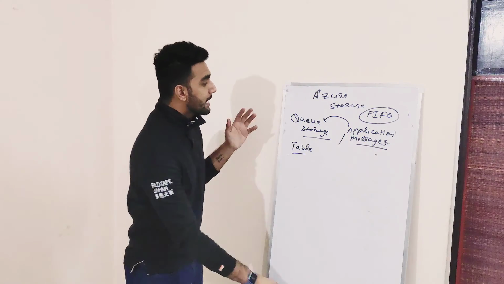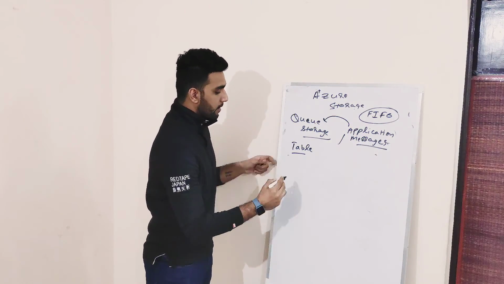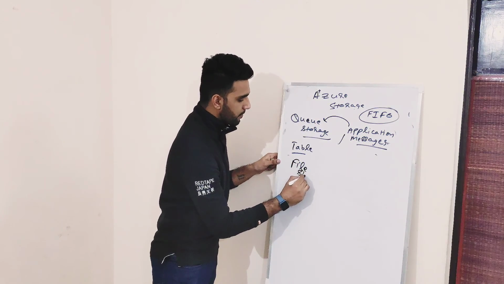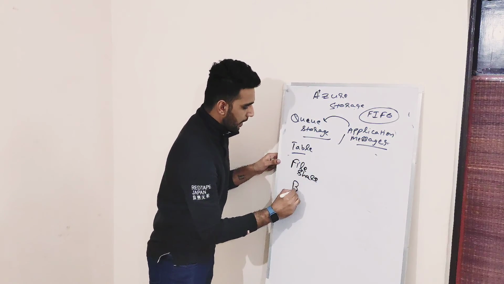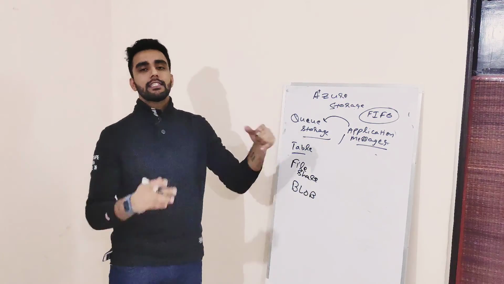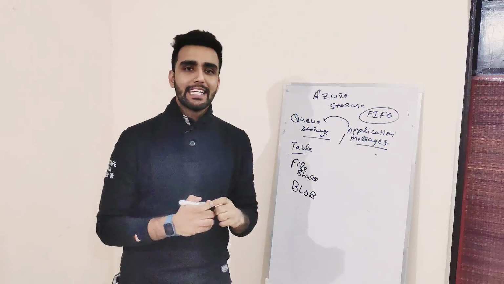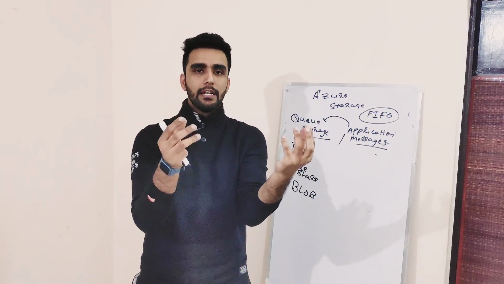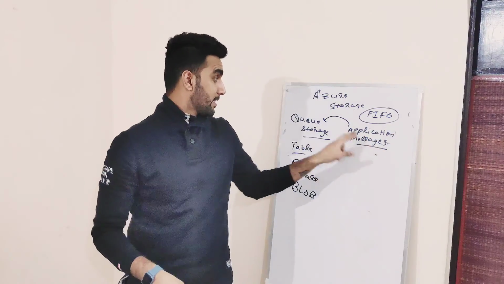Right, so recapping, all that we have covered is queue, table, file share, and blob. Queue is for application messages, first in, first out. Within an application, there are multiple parts, and those parts need to communicate with each other. Where do they store those application messages? Within the queue storage.